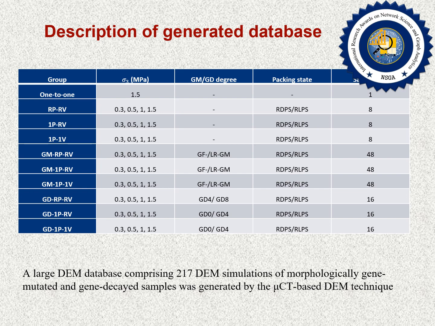Therefore, a large DEM database comprising 217 DEM simulations of morphologically gene-mutated and gene-decayed samples was generated by the micro-CT-based DEM technique.